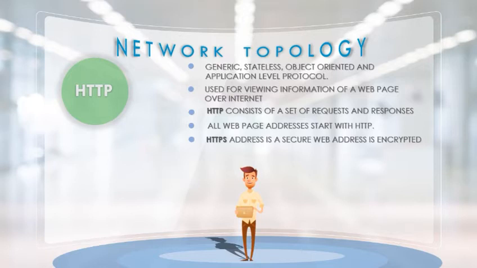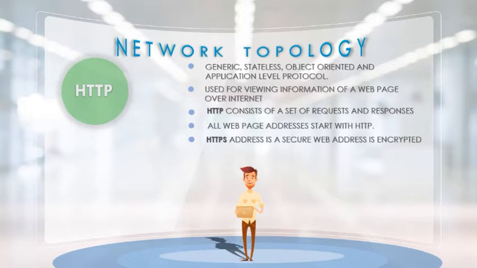Another version of HTTP is HTTPS. HTTPS is a secure web address which has been encrypted. The basic HTTP consists of a set of requests and responses. An HTTP request is generated by the client and an HTTP response is generated by the server.